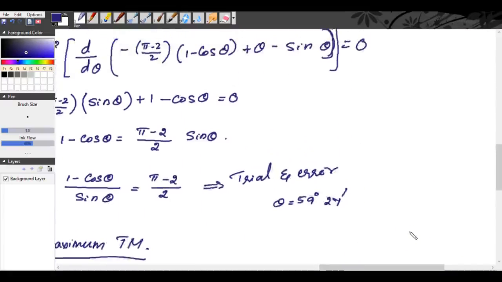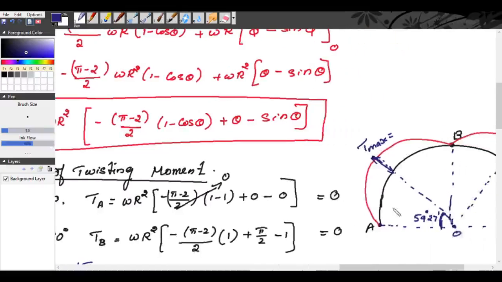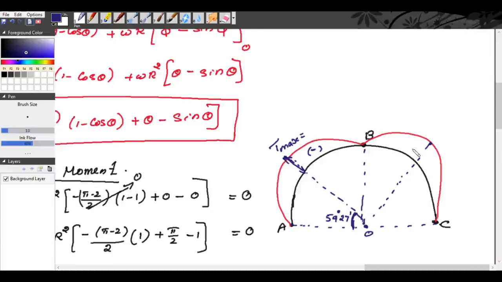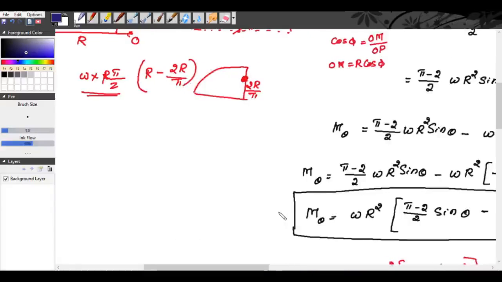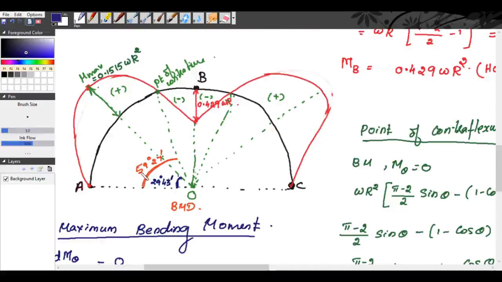So in our twisting moment diagram, this is negative and this is negative. It is observed that the twisting moment is maximum at a section where the bending moment is 0. See, what is 59 degree 27 minutes? You can see in the bending moment diagram, at 59 degree 27 minutes our bending moment is 0.